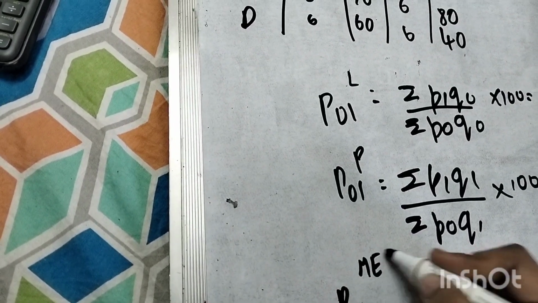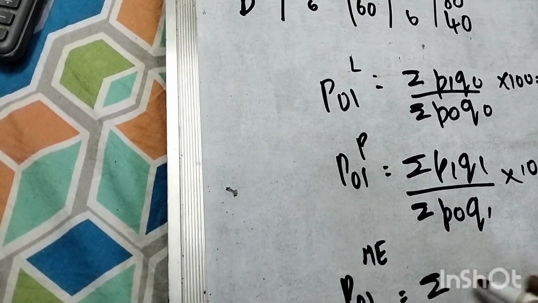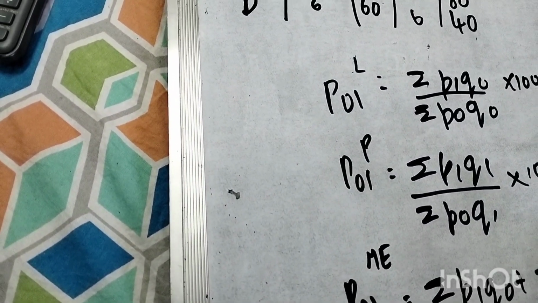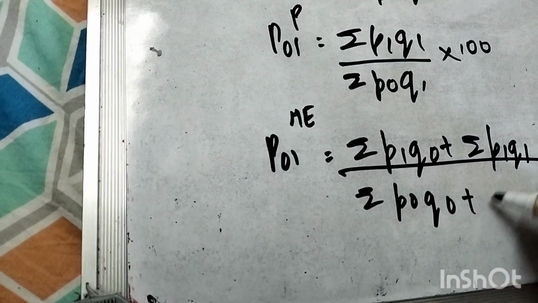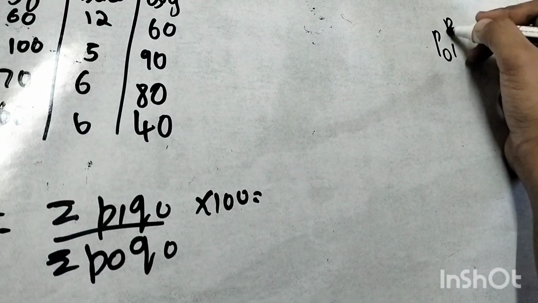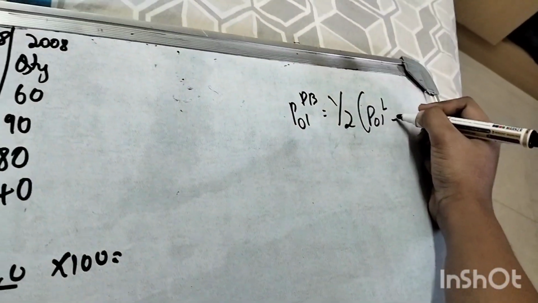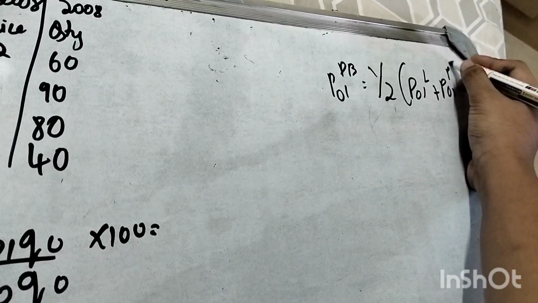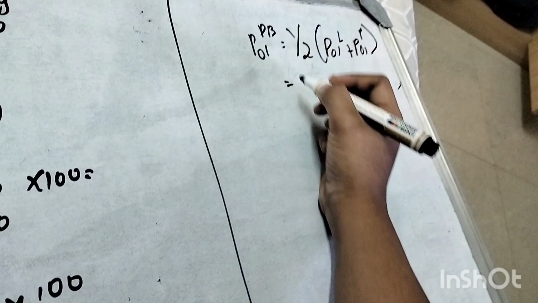P01 of Marshall-Edgeworth is summation P1 Q0 plus summation P1 Q1 divided by summation P0 Q0 plus summation P0 Q1. Dorbish-Bowley's P01 is half into P01 of Laspeyres plus P01 of Paasche. I'm leaving that for substitution.